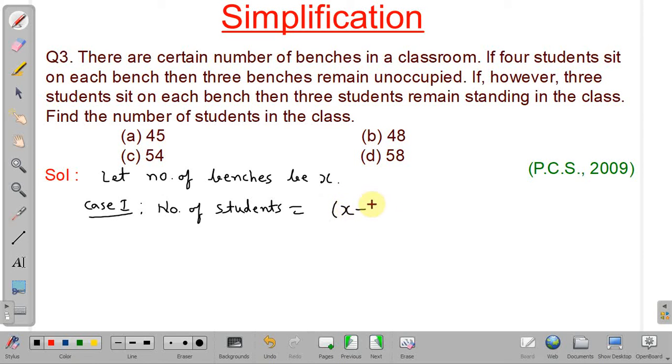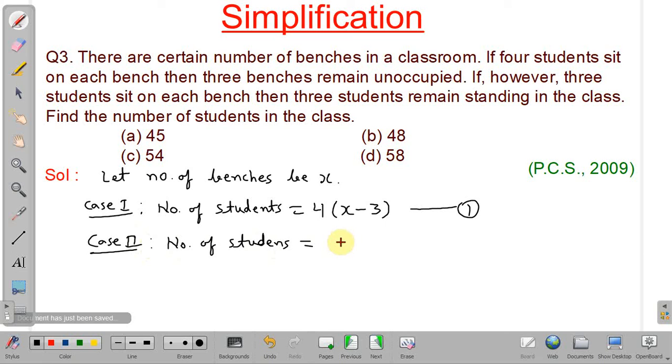So the number of benches occupied is x minus 3, and on each bench 4 students are sitting. So we have to multiply by 4. So this is our equation 1. Similarly, as per case 2, if 3 students sit on each bench, then the number of students, see, total number of benches is x, so 3 into x.